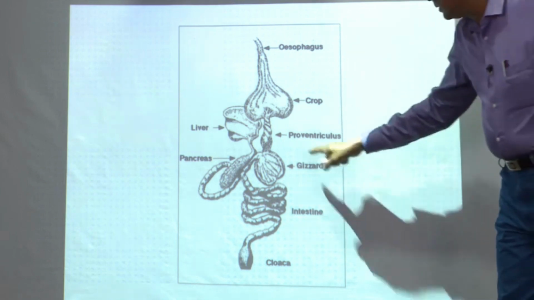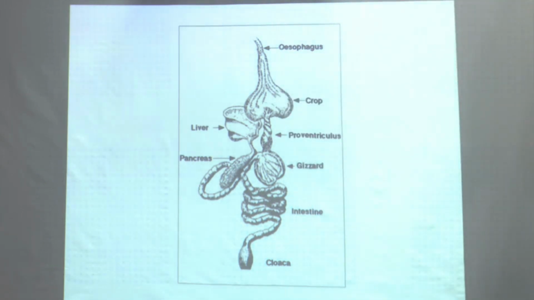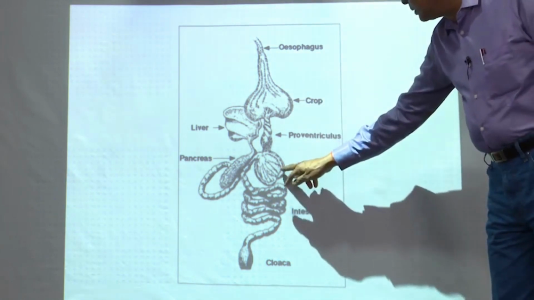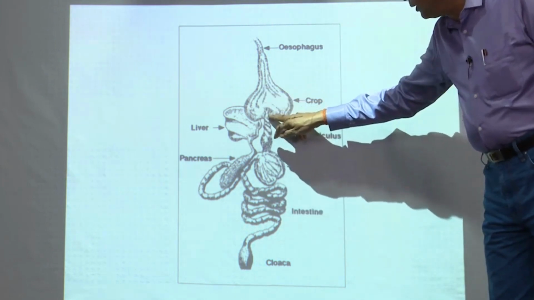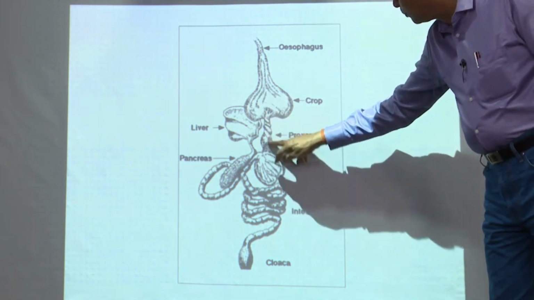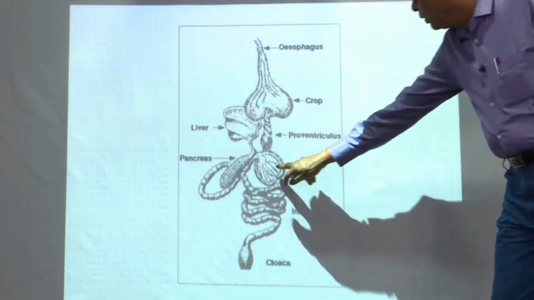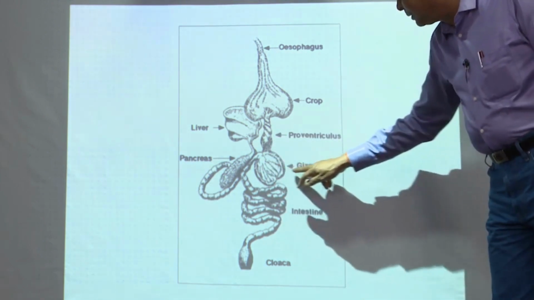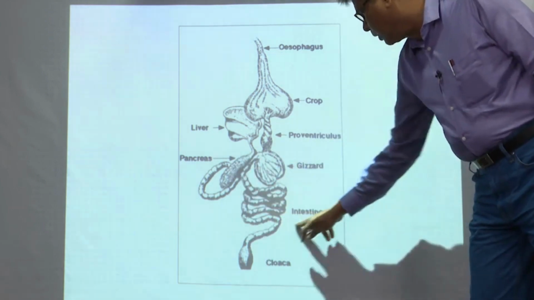This is the esophagus, and in a bird a structure is present that is known as the crop. Now this is the stomach, starting where the esophagus ends. This part is known as the proventriculus, this part is the ventriculus, and this part is the gizzard, which continues with the intestine.